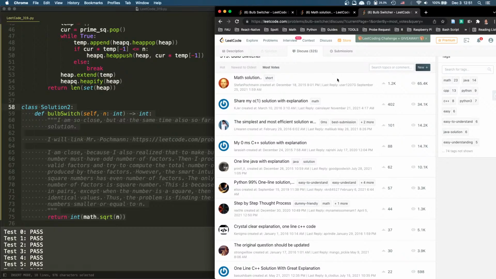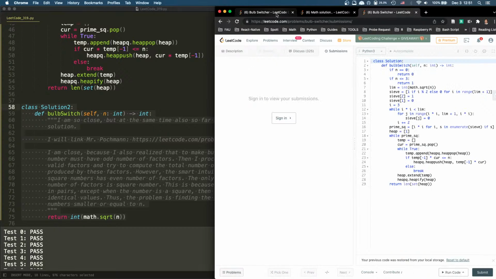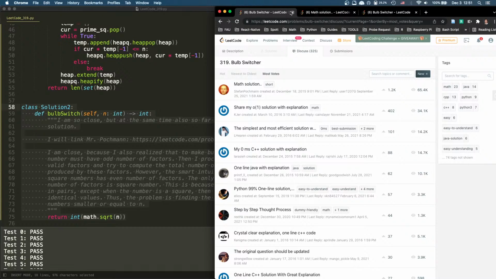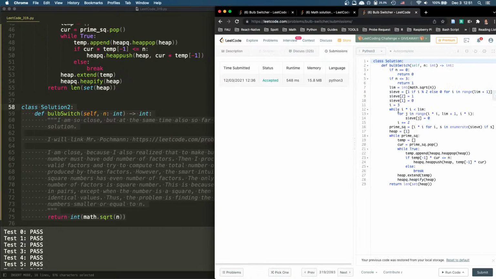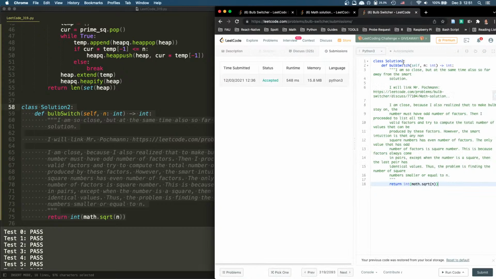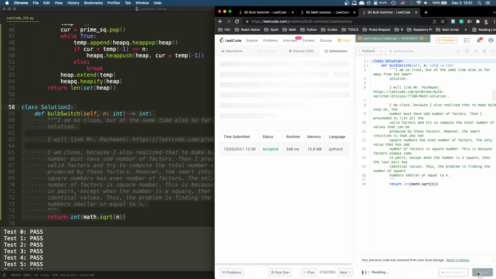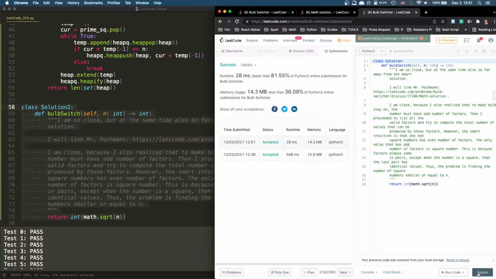Oof. Wow, we got 2 days in a row. 2 days in a row we have a 2-hour session. Well, I just want to see how fast it can be. Square root, like 28, yeah.